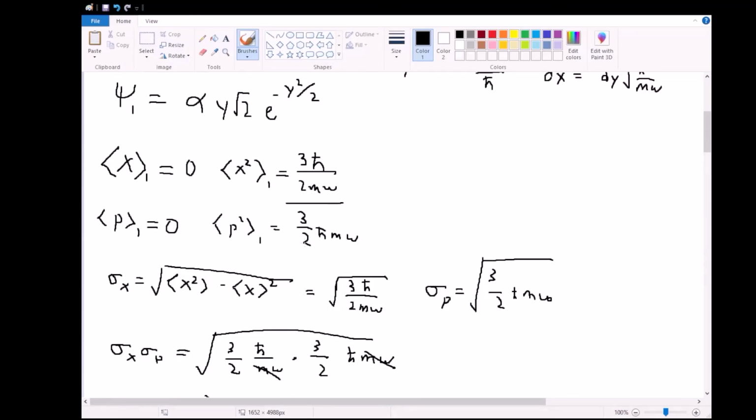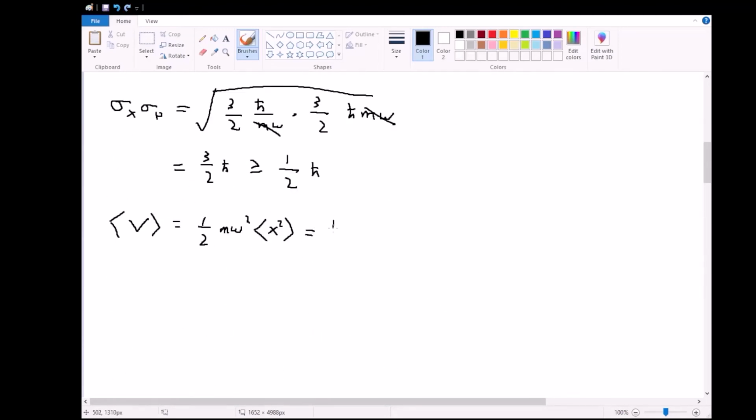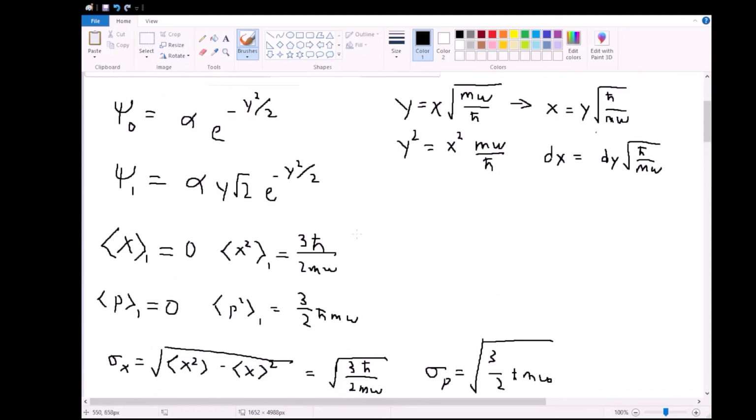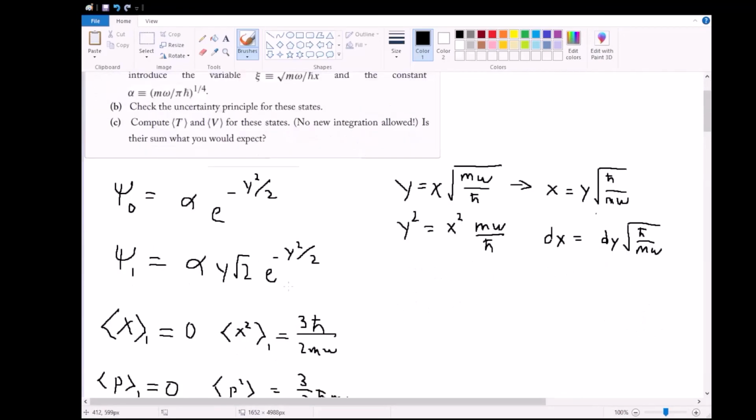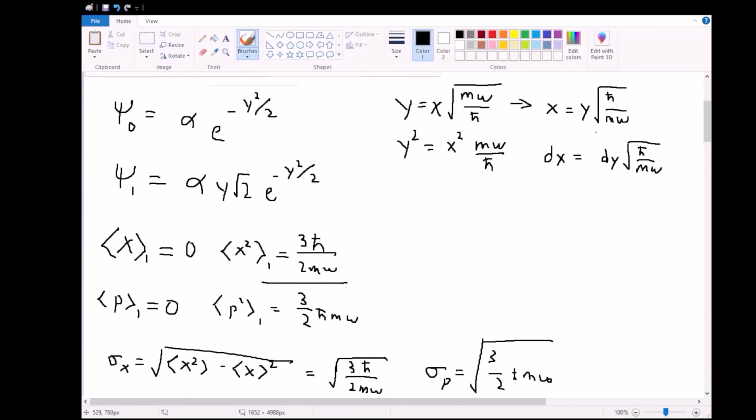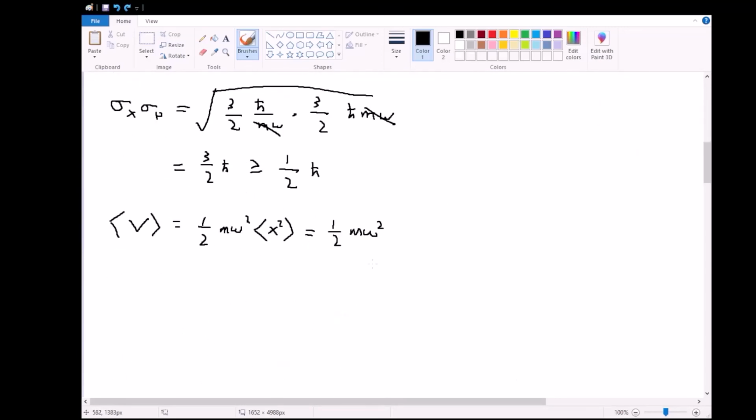We know what this is, so this is going to be equal to 1/2 times m omega squared times the expectation value of x squared, which is 3 h bar over 2m omega, so times 3 h bar over 2m omega. The m's cancel, the omegas cancel, and we're left with 3/4 h bar omega.